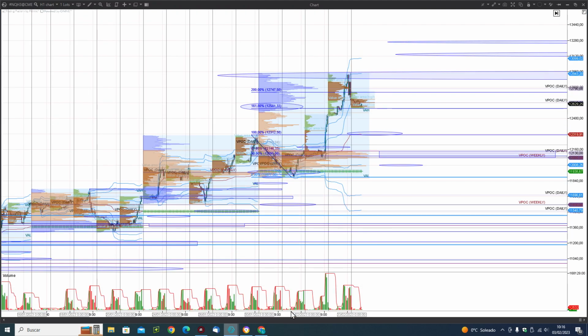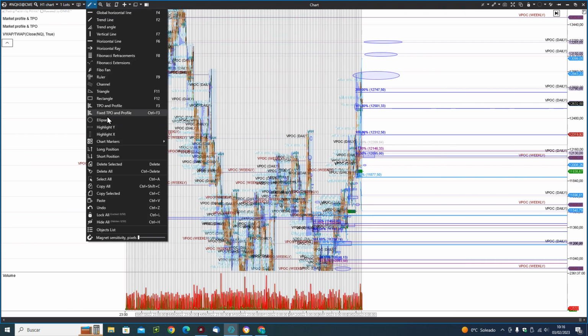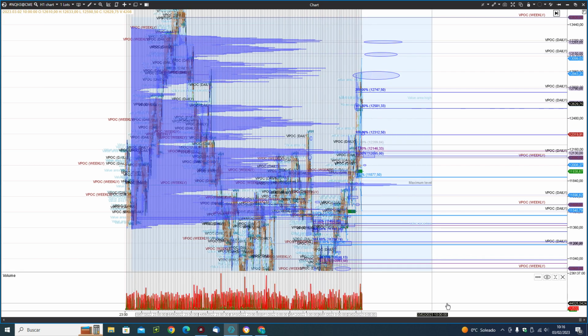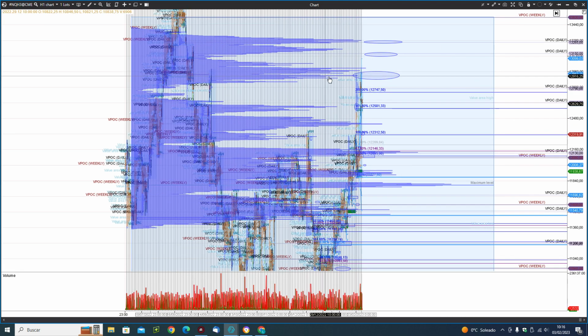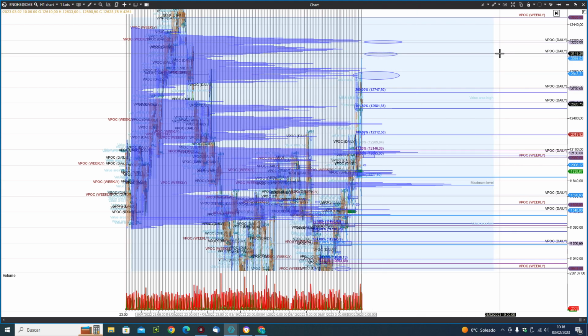About Nasdaq. Nasdaq is the same. We can draw a volume profile, and so we can see these nodes. Here there was a high volume node, the price has touched it and rebounded, and above it we have this daily naked VPOC at 13,149, and the last one 13,270.